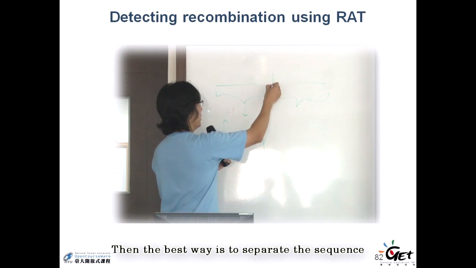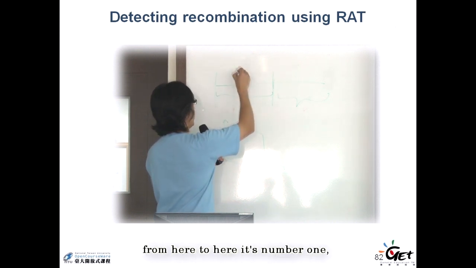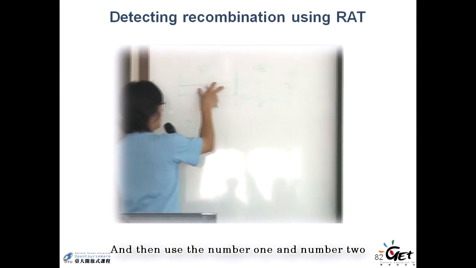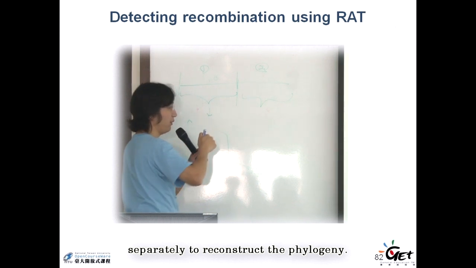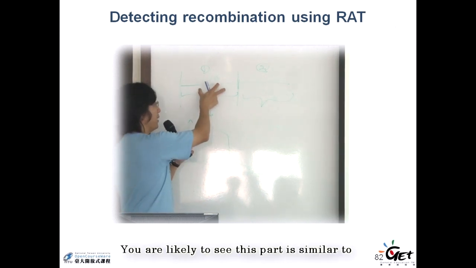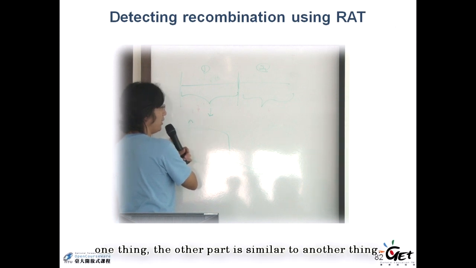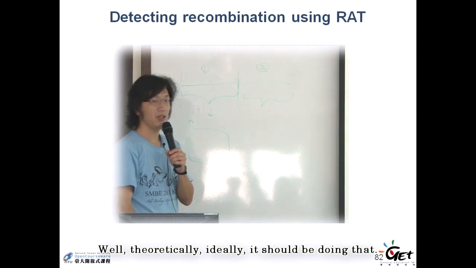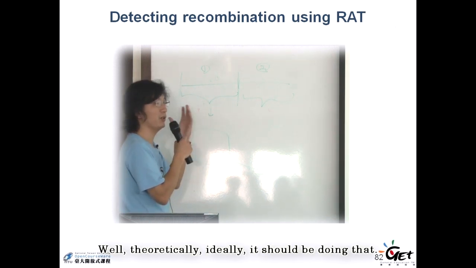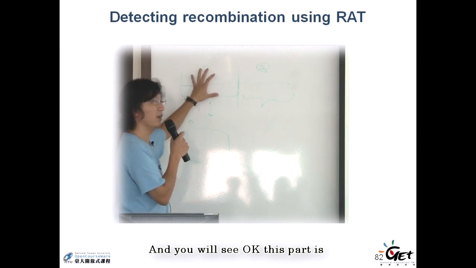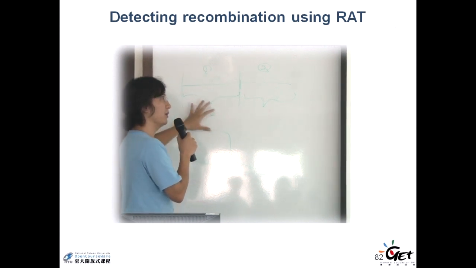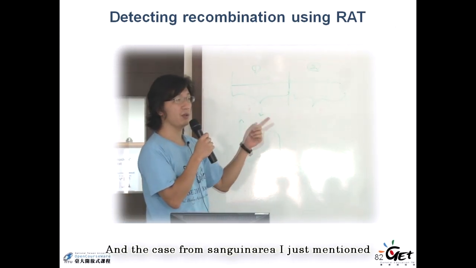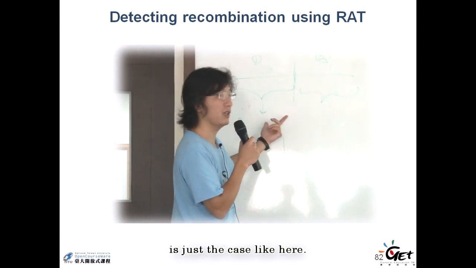Then the best way is to separate the sequence: from here to here is number 1, and from here to here is number 2, and then use number 1 and number 2 separately to reconstruct the phylogeny. You're likely to see this part is similar to one thing, and the other part is similar to another thing. Theoretically, ideally, it should do that, and you will see that this part is derived from somewhere, and the other part is derived from somewhere else. And the case from Sanguinaria I just mentioned is just like here.